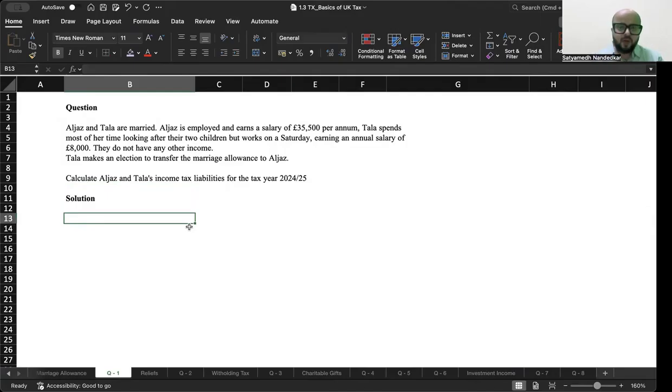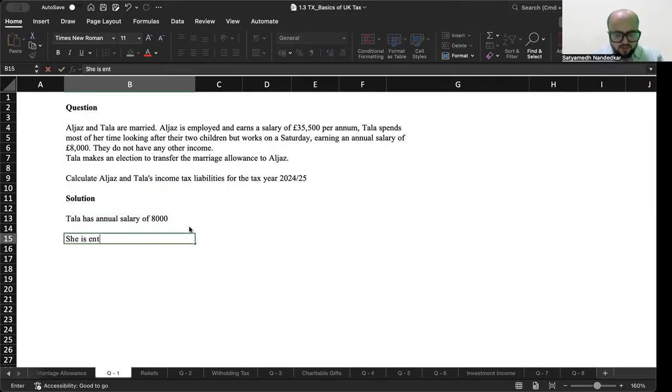Now, pay attention. See, Tala has an annual salary of 8,000. She is entitled to a personal allowance of 12,570.